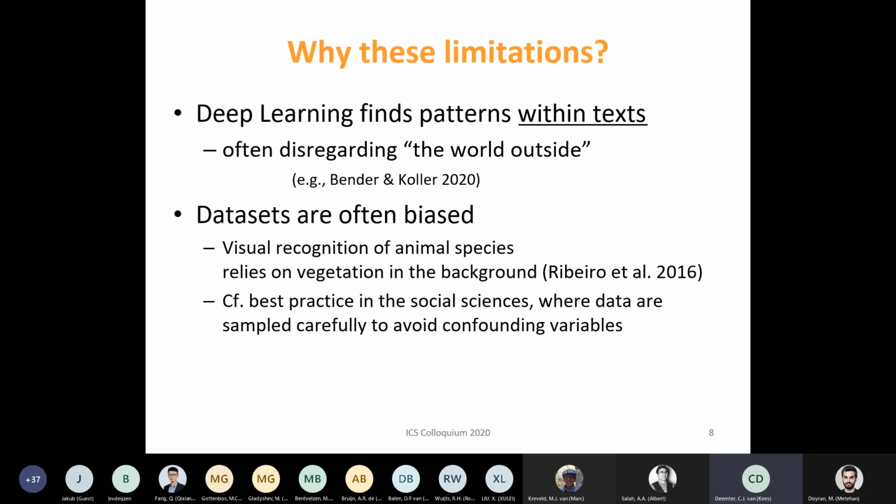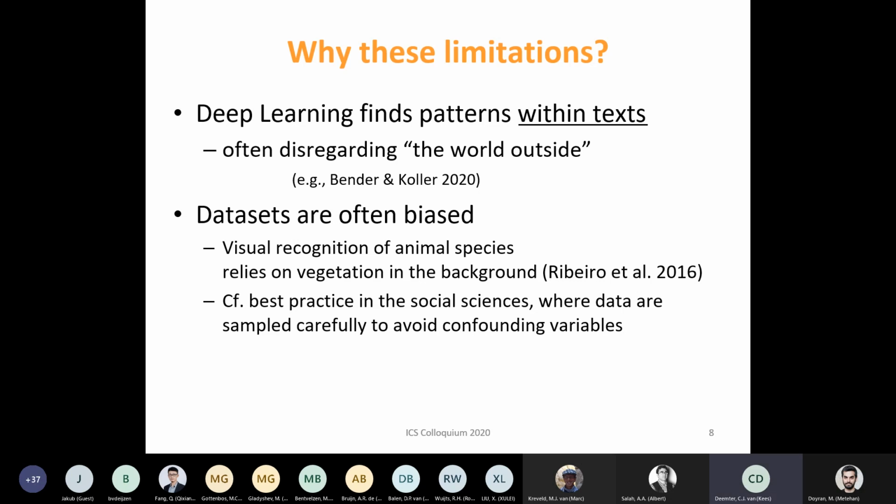Furthermore, data sets are often biased. So here's an interesting example that was recently pointed out. Visual recognition software that recognizes animal species, as you have to do, for example, when you want to generate a caption to a photograph, turned out to rely more on the vegetation in the background than on the actual animal, right?